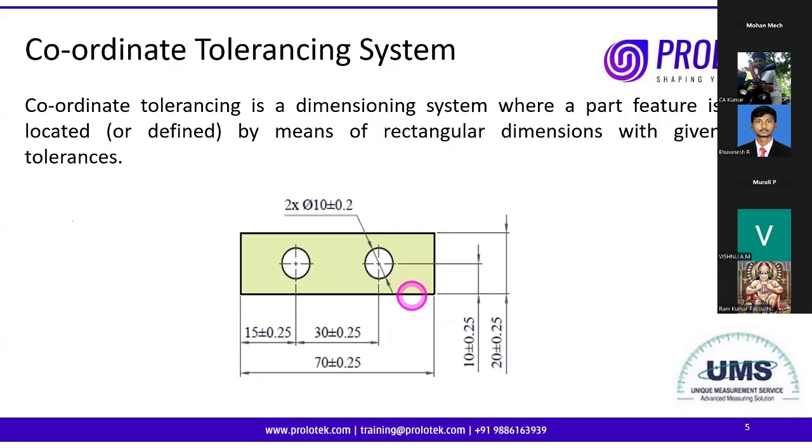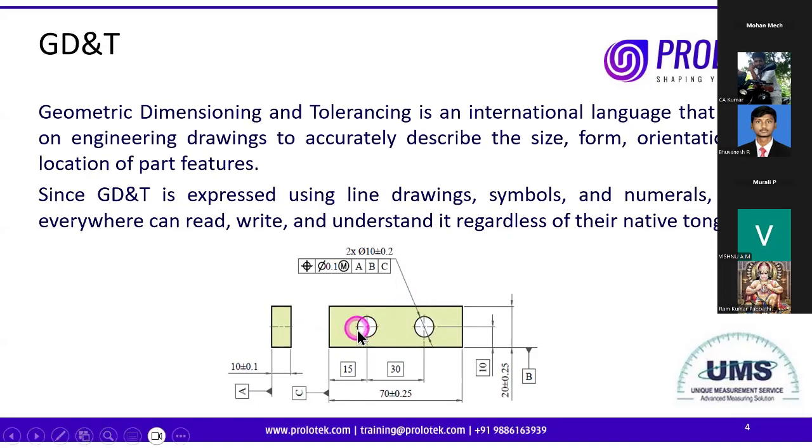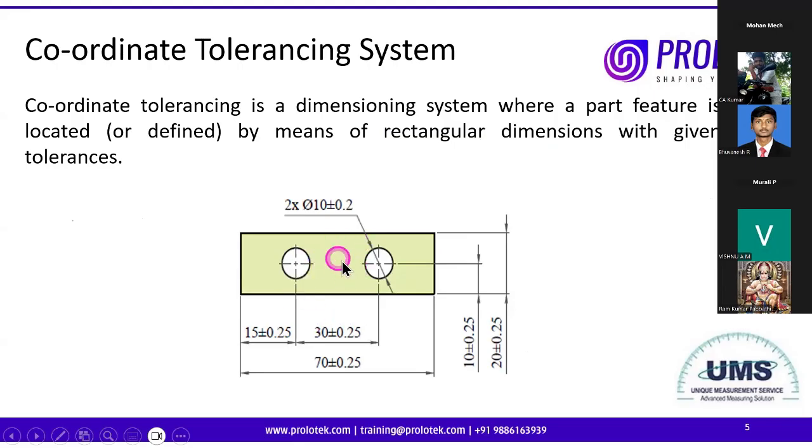So earlier to GD&T, we were using a system called coordinate dimensioning and tolerancing. Many people call this CD&T. In this, if you compare this drawing with the previous drawing, the part is the same, but the method of giving the dimensions is different.